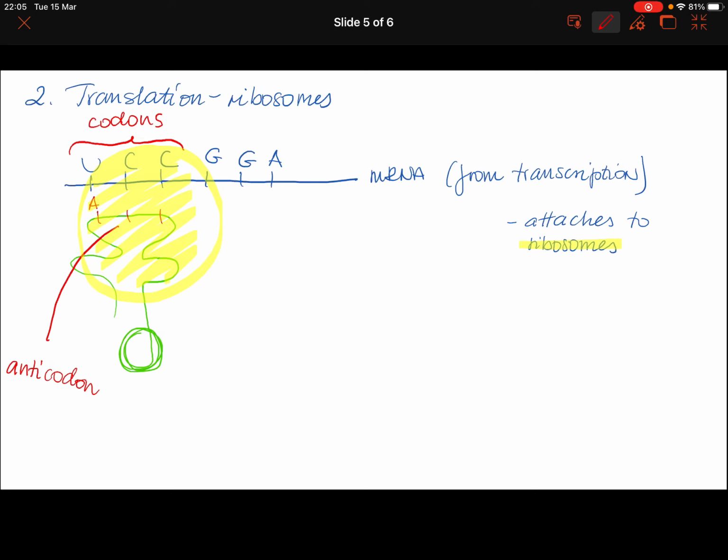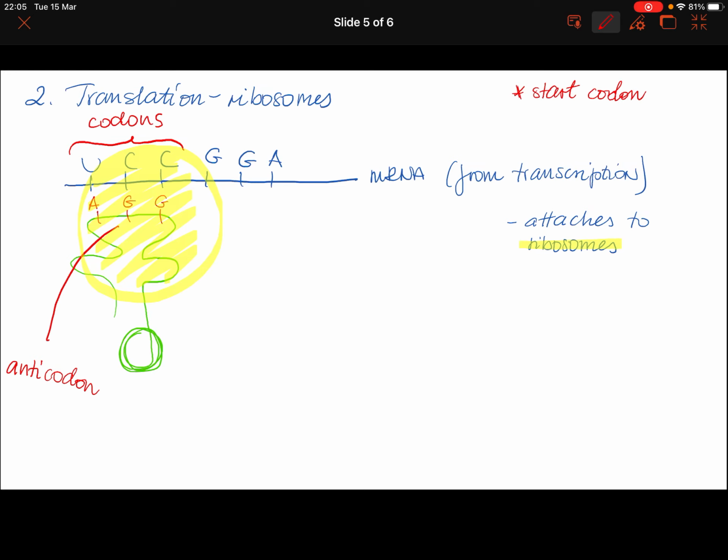So remember, uracil binds with adenine, cytosine with guanine. Each process of the translation has to start with the start codon. You can read the start codon again from the codon table.